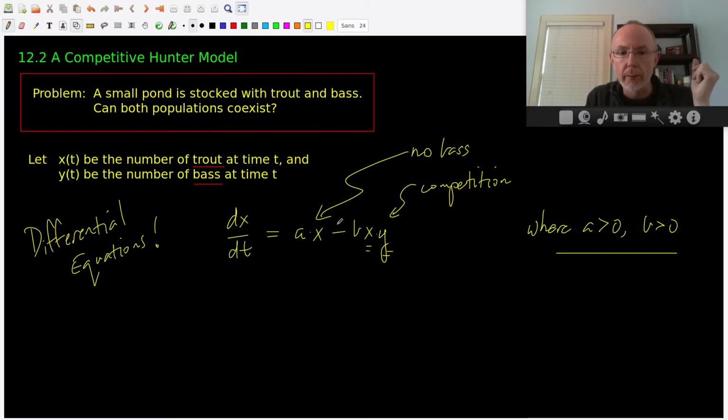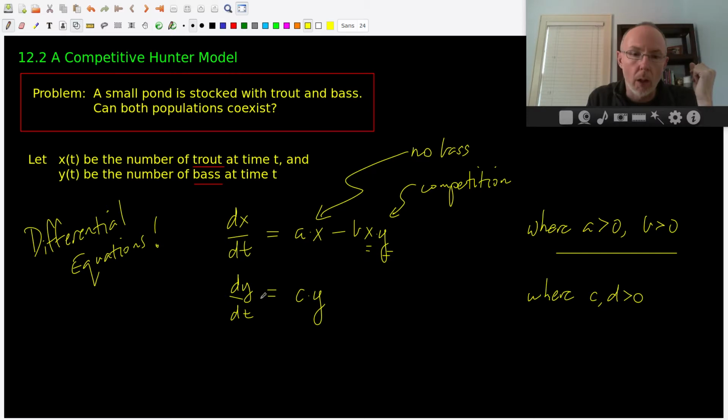So this is what happens to the species by itself. This is what happens because of competition, and because we haven't said that there's any fundamental difference between these hunters, it makes sense that we're going to take the same setup for the rate of change of the number of bass, because I would expect the number of bass to grow left to their own devices, but that the interaction between those two species is going to lead to a reduction in the growth rate.